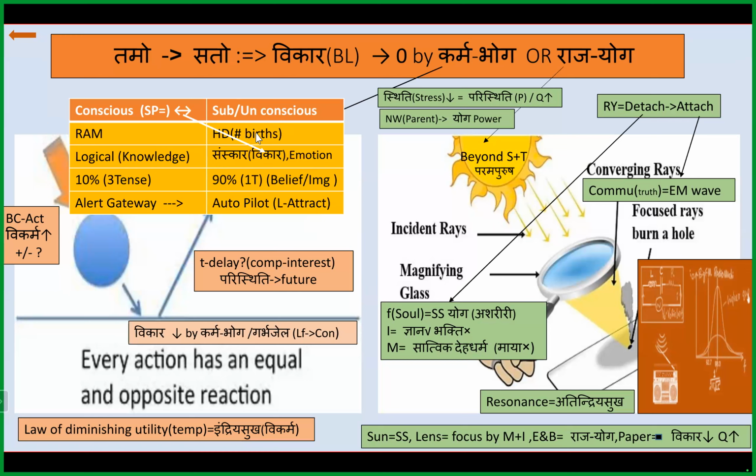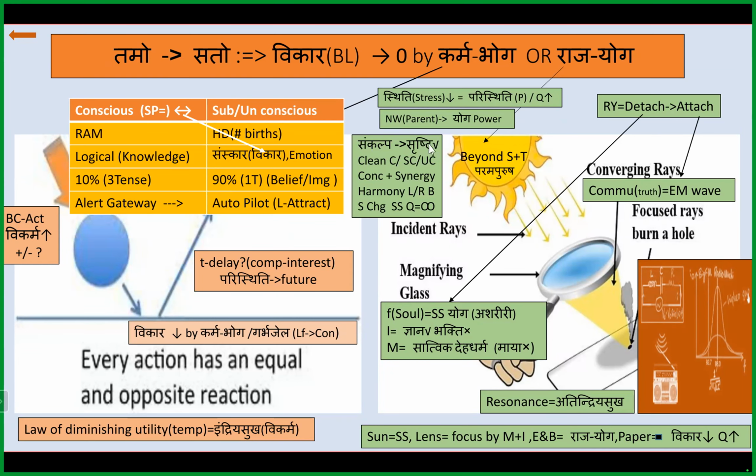So if you want the law of attraction or sankalpa shuddhi, we have to remove the vikar from our sanskars, and only then it becomes autopilot mode. So antagati so mati also is in that.